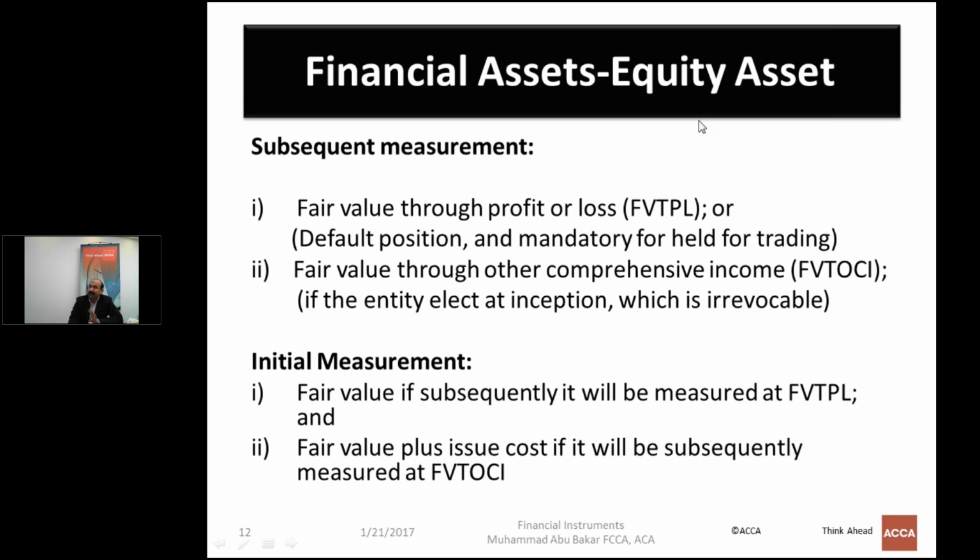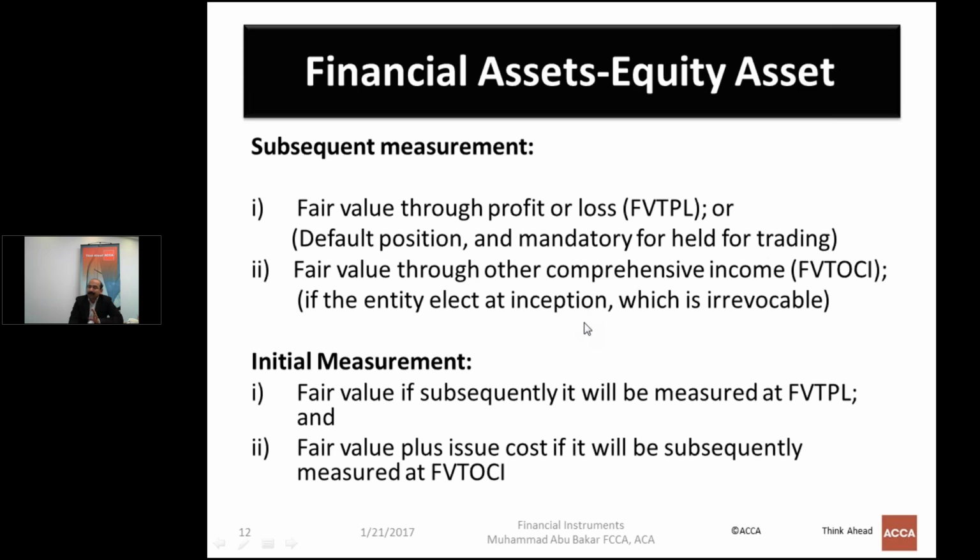If equity asset is held for trading, equity asset means you have bought the shares of another company. This is your investment, this is your financial asset. This financial asset can be termed as equity asset. So if it is held for trading, you do not have any other option. You will have to account for this equity asset at fair value through profit and loss.